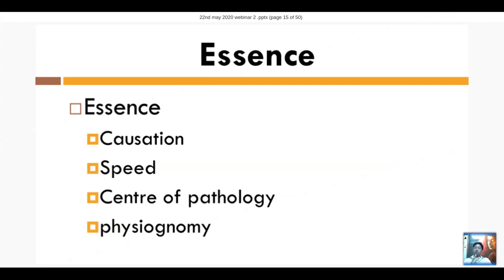Now there are two things which we have to take care of in this condition. If the patient has a center of pathology in the GIT, and we are considering the remedy pulsatilla, which has a very strong affinity for the GIT, then we must have keynotes of pulsatilla in the GIT symptoms, right? So keynotes, or it can be desires, aversions or pain or anything associated with the GIT, must be there in the case.